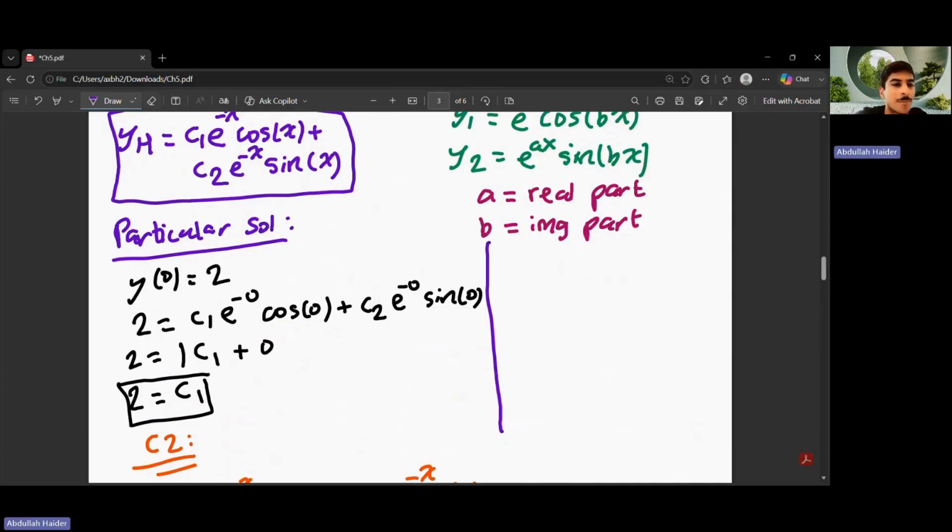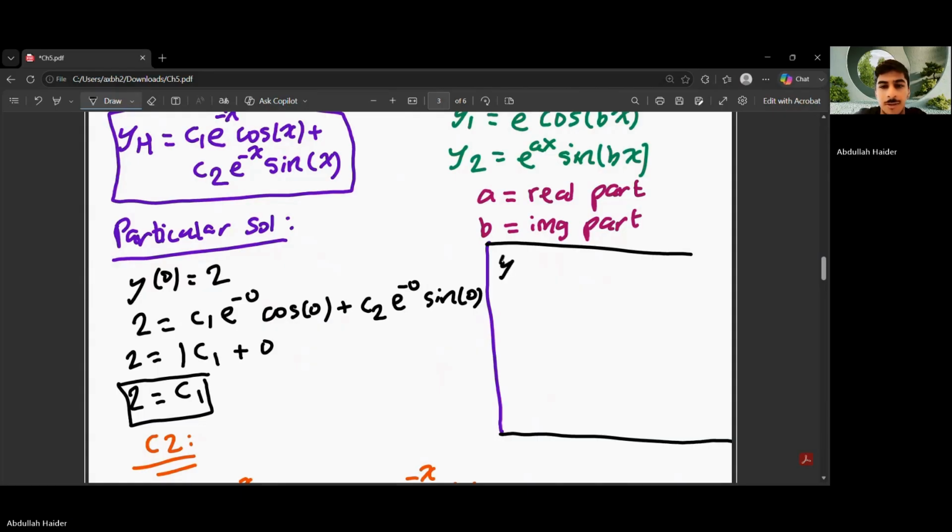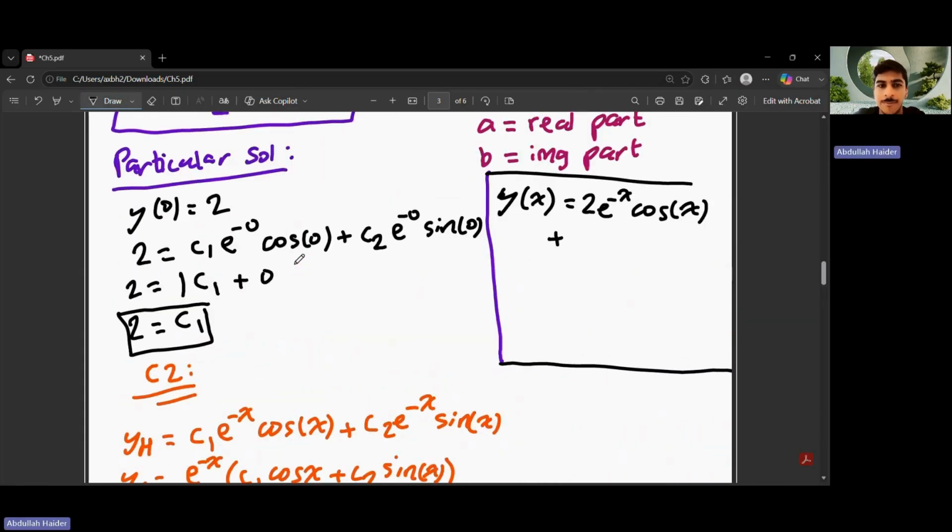So now we can say that the particular solution, I will write y of x is equal to, now C1 we got 2 e power negative x cosine x, plus C2, which we got is 3, 3 e power negative x sine x, and that is it.